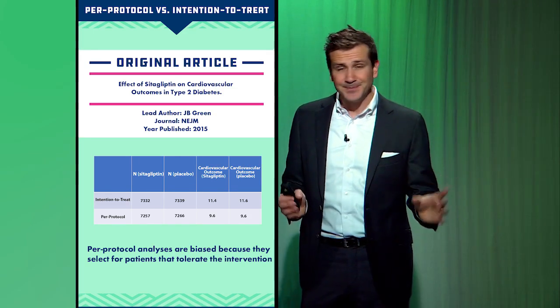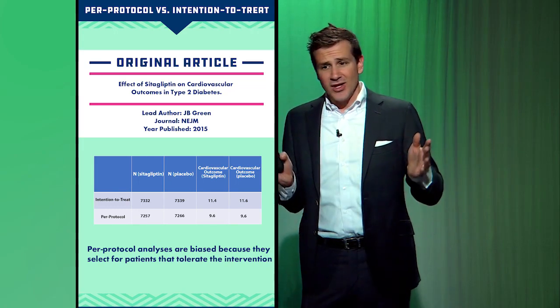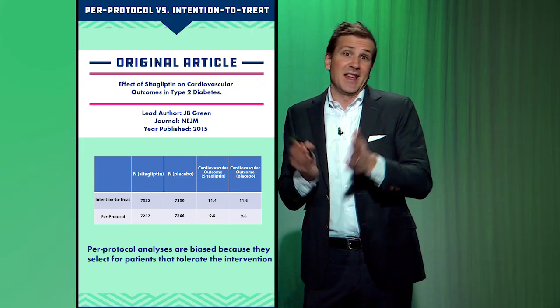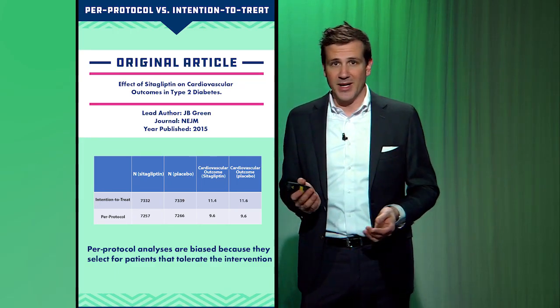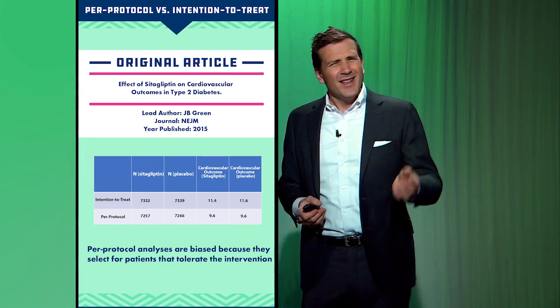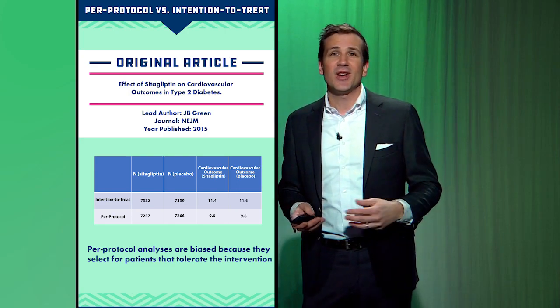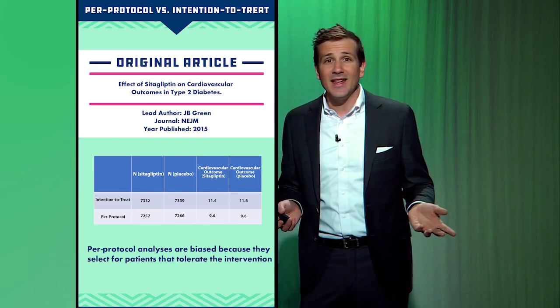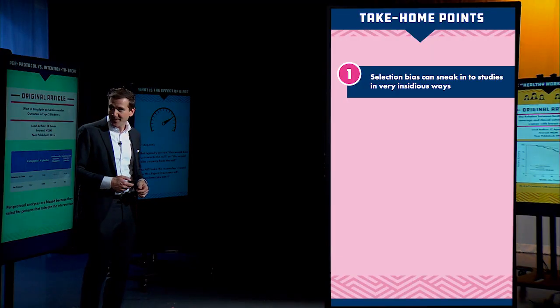Now you might say, if everyone stops taking the drug because of horrible side effects, your results are going to look the same because the treatment arm is basically the placebo arm, and isn't that biasing towards the null? I would argue, not really, because in the real world, that's what would happen. If you make a drug that has so many side effects that no one can take it, it's not going to work, and it's important to know that.